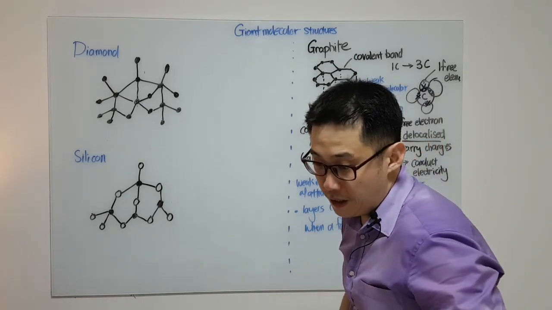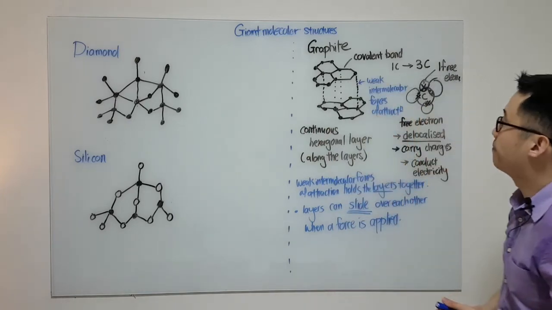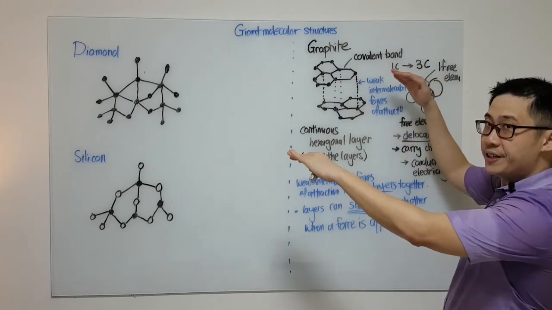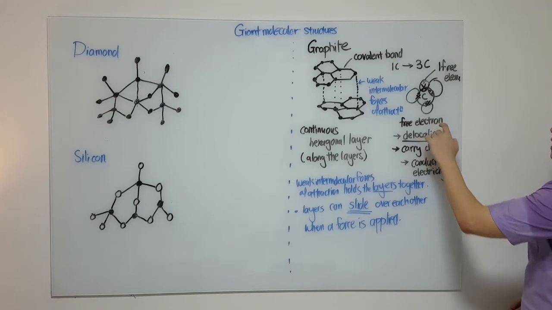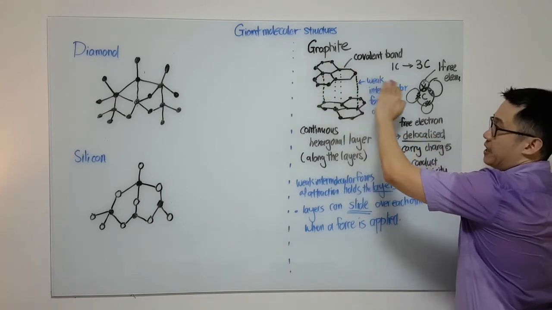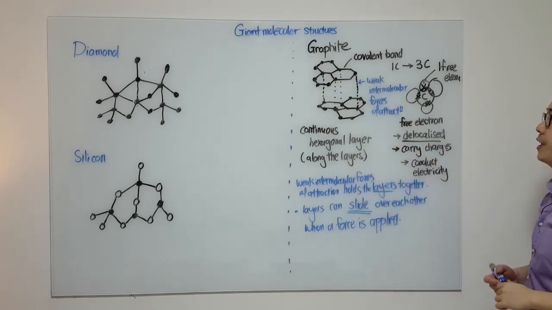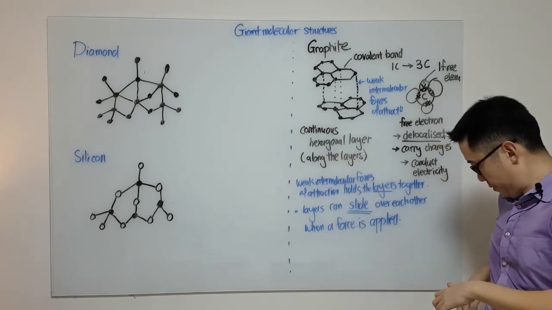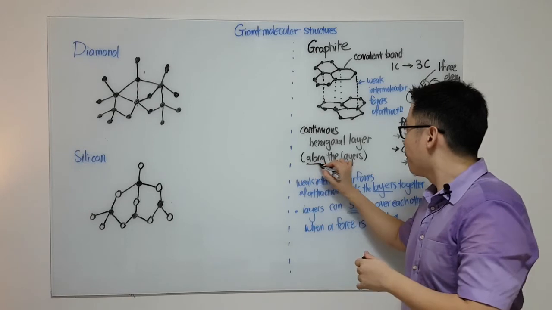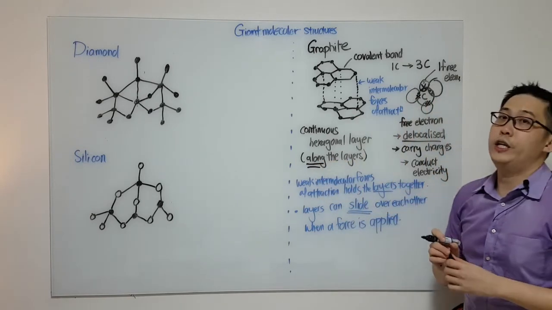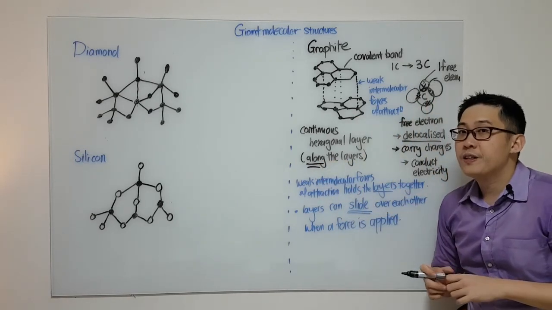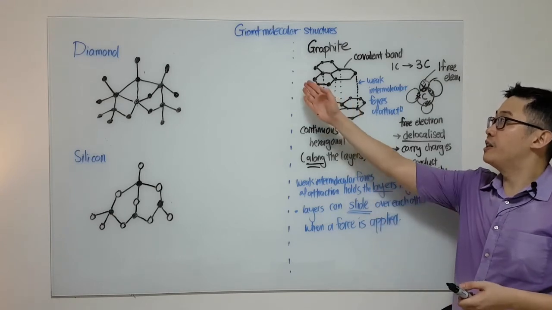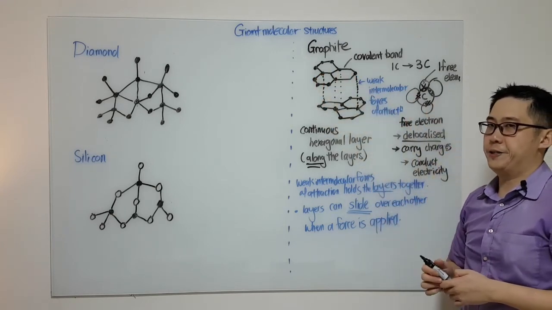So as a result of this, not only can graphite slide, but because of the free electron that has delocalized across the layer, along the layers only, you can actually conduct electricity if they are placed in the right way to conduct electricity along the layer.